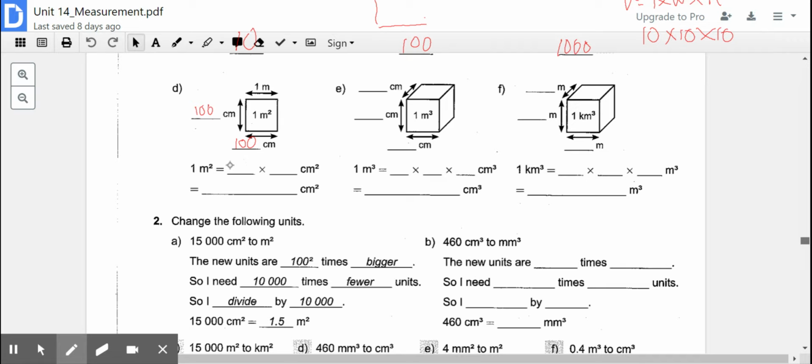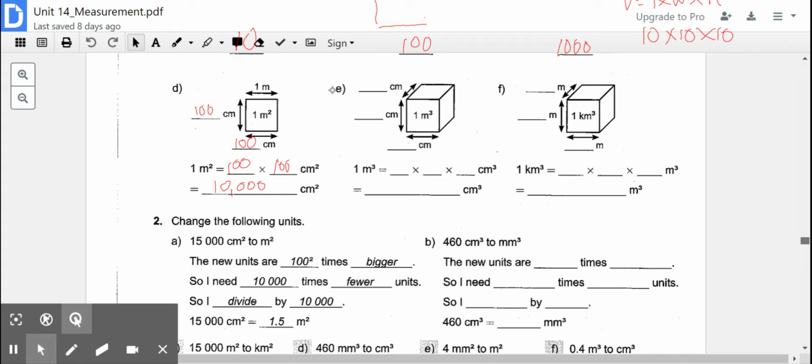So 1 meter squared equals 100 times 100 centimeters squared. Well, 100 times 100 is 1 with 4 zeros after it, which is 10,000 centimeters squared. That's how many centimeters are in a single meter squared.